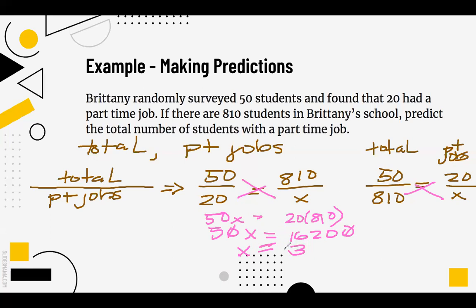And 5 goes into 16 3 times. 5 goes into 12 2 times. 5 goes into, is that right? Yeah. All right. Am I missing a 0? No. Okay. All right. So then approximately 324 students in the school have part-time jobs.